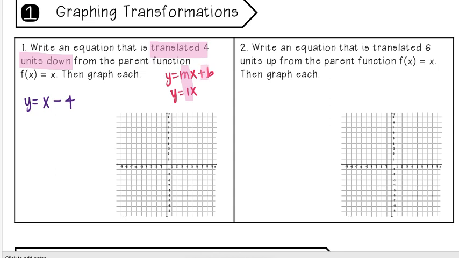And since I don't have any b value, that means there's really a plus 0, kind of like what we talked about before. So that means my y-intercept is at 0. And then my slope is 1, or in other words, 1 over 1. So I'm going up 1, to the right 1. And then I can also go the other direction, down 1 to the left 1. And so on.